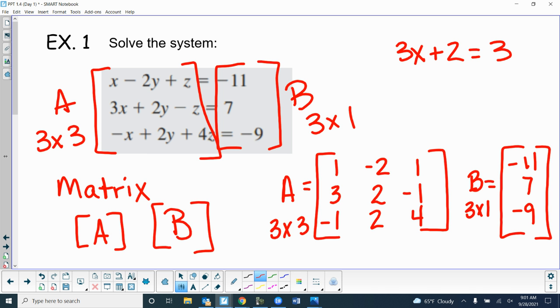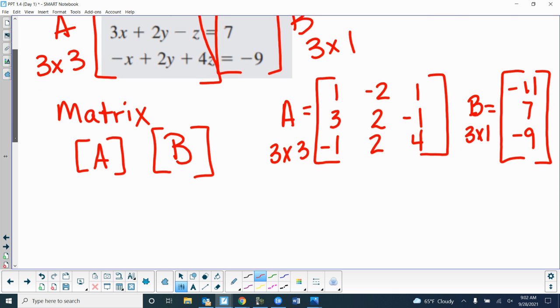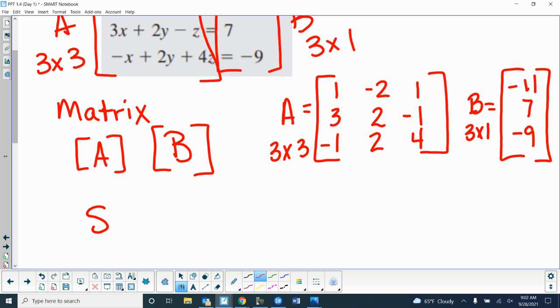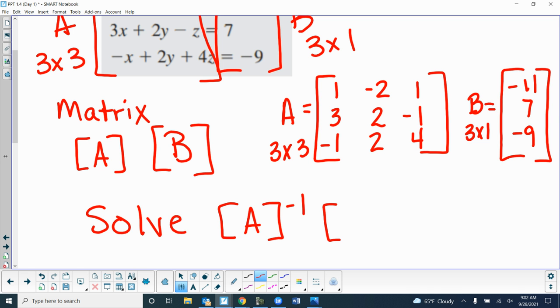So what we do to solve this matrix equation in our calculator, we're going to make our calculator go A inverse, because we're moving stuff to the other side, B. A inverse B is what we're going to do.